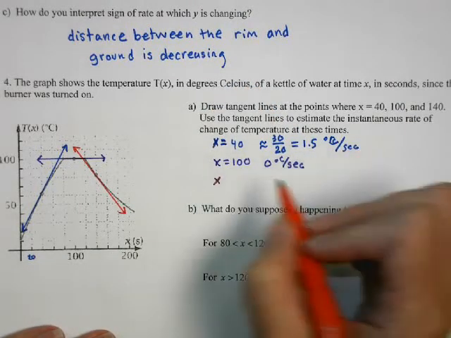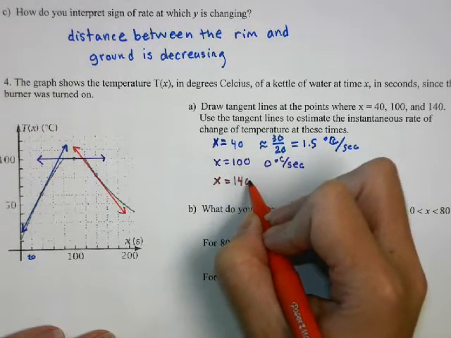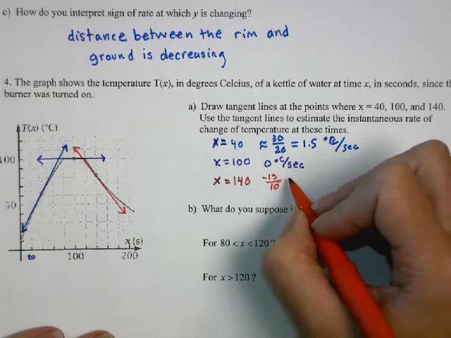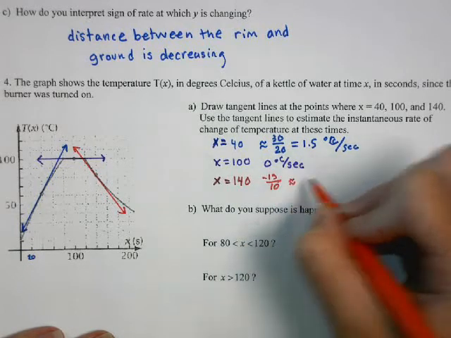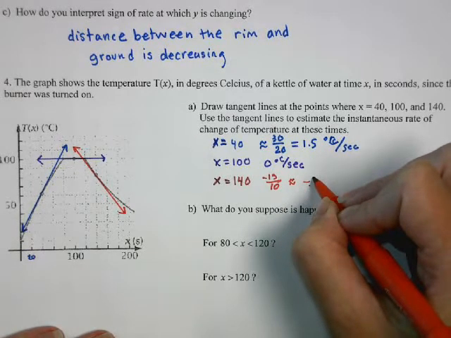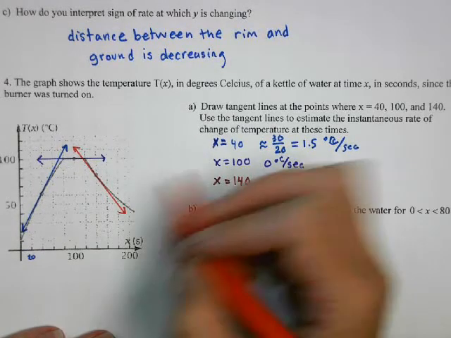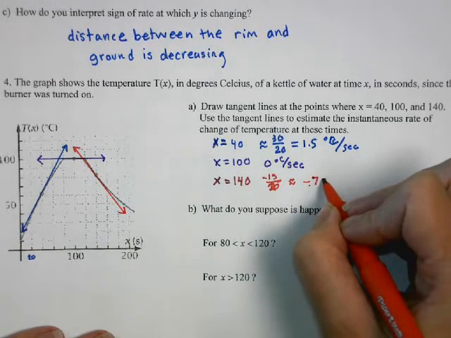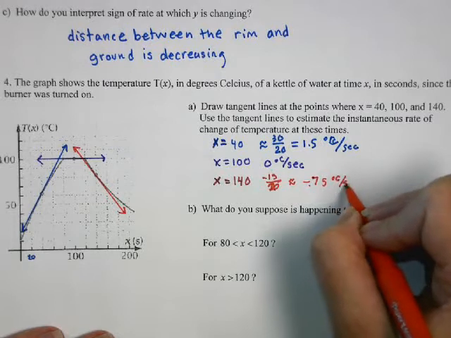And these are just estimates, so you're just doing your best guess here. So negative 15 over 20, sorry, that should be 20. Negative 0.75 degrees Celsius per second.